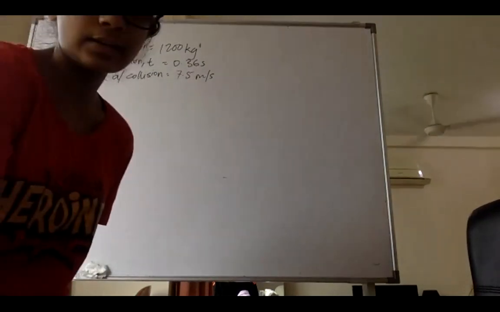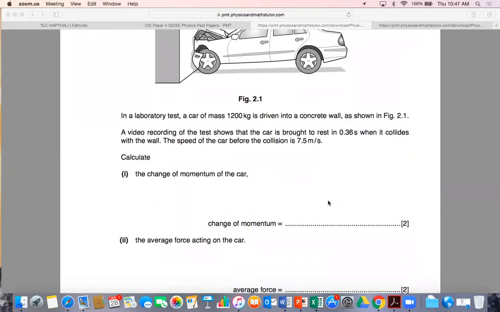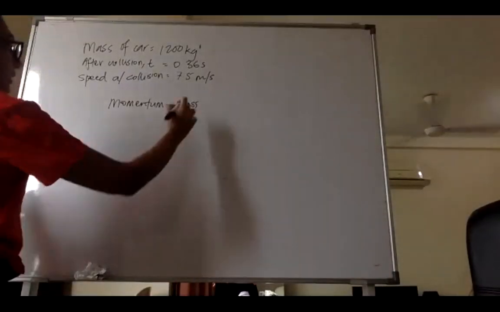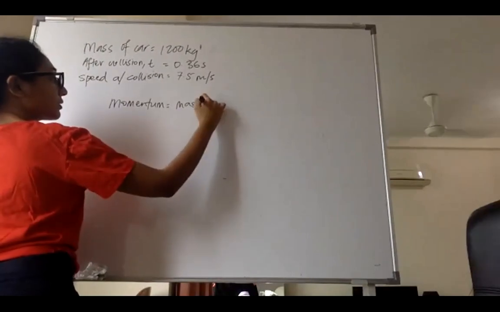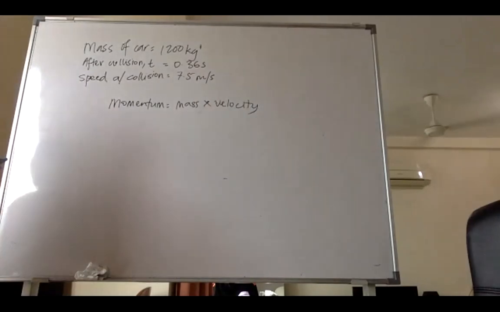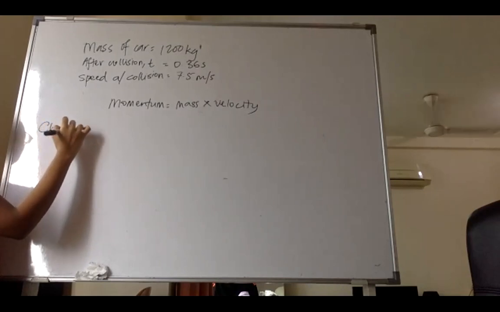Let's look at the question again. It says change of momentum. How do we calculate momentum? Mass times velocity. So they want to look for change in momentum.